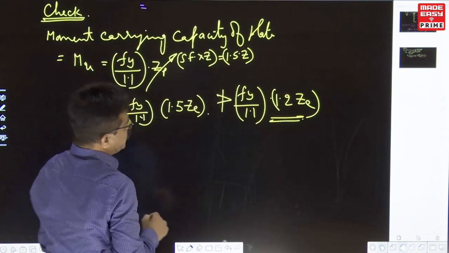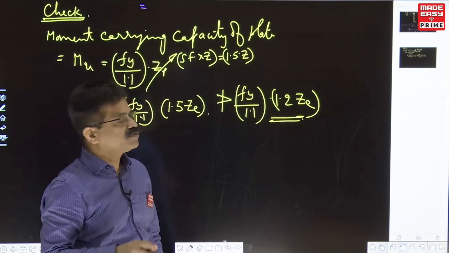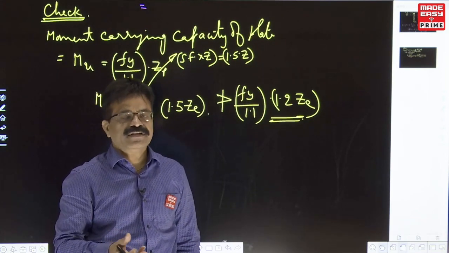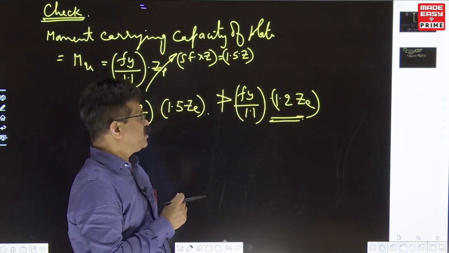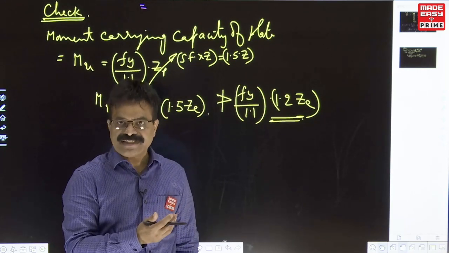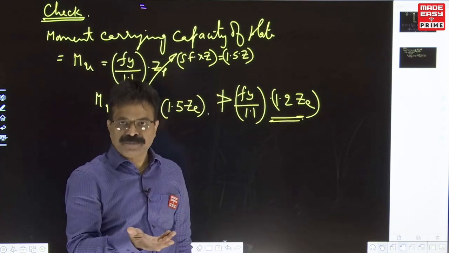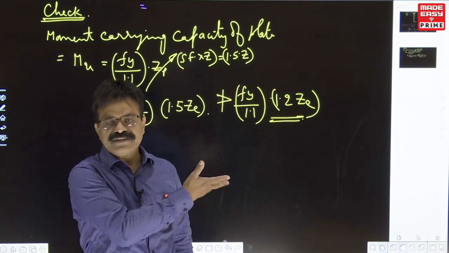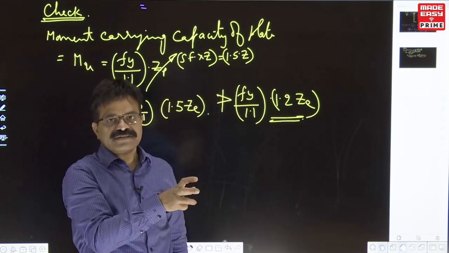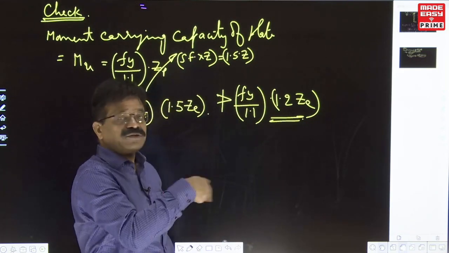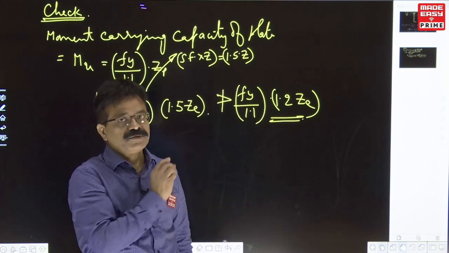That is because the codebook tells you that it should never exceed 1.2 Ze for simply supported beams, or 1.5 Ze for cantilever beams. For an I section the shape factor is only 1.12, but for a rectangular section you would get 1.5, so don't exceed 1.2, which is the codebook provision.